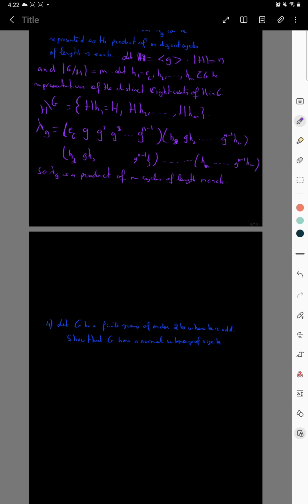Well, we'll have to use the previous part. 2 is a prime number dividing the size of G. By Cauchy's theorem, G has an element x of order 2.